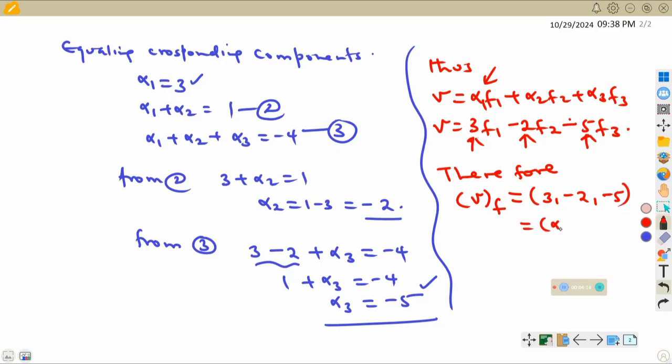That is alpha 1, alpha 2, and alpha 3. So after getting the scalars, they give you what we call the coordinate vector of v relative to the basis f.